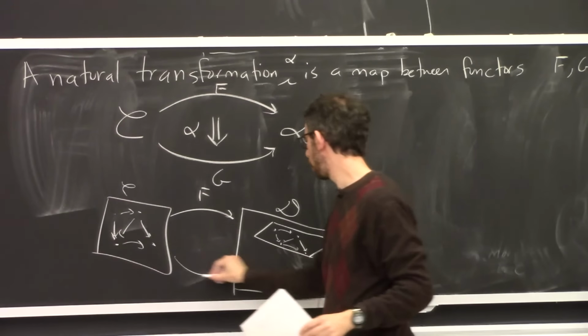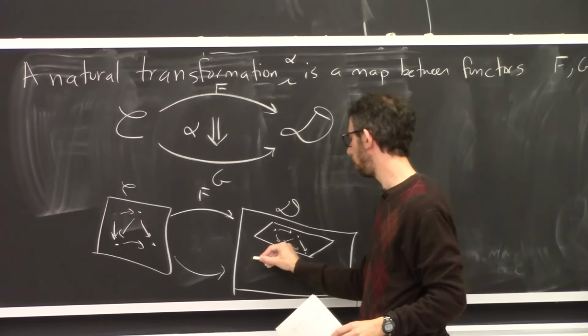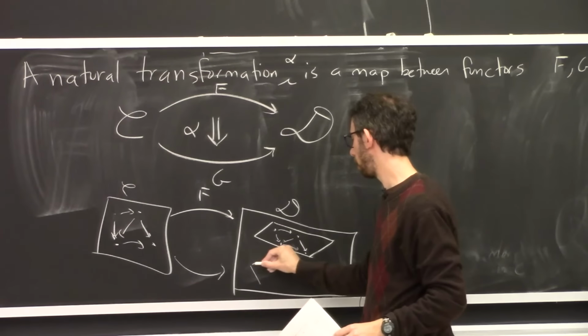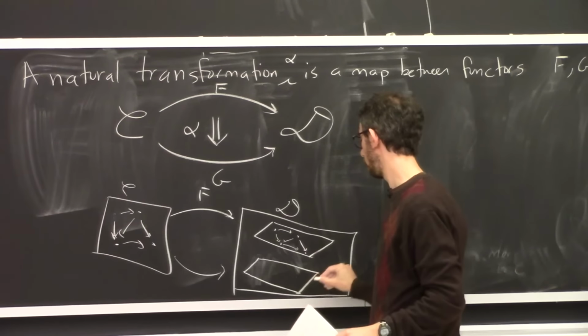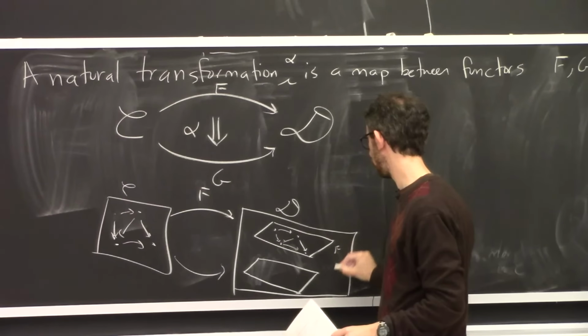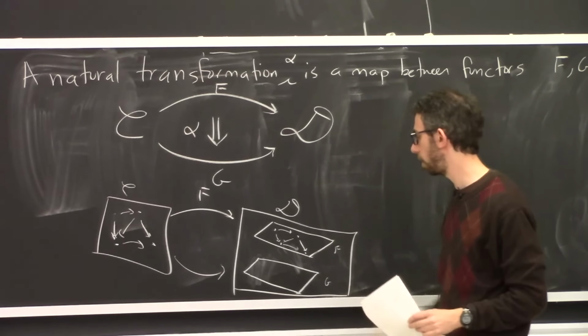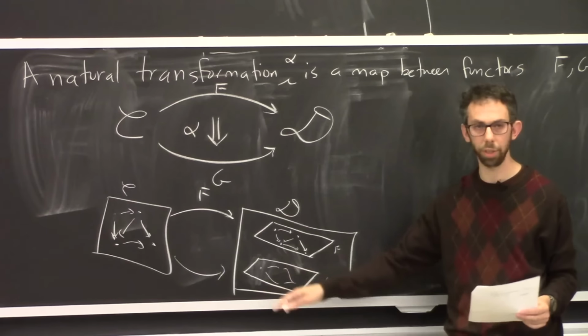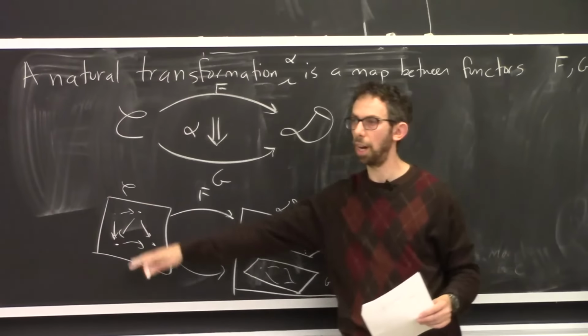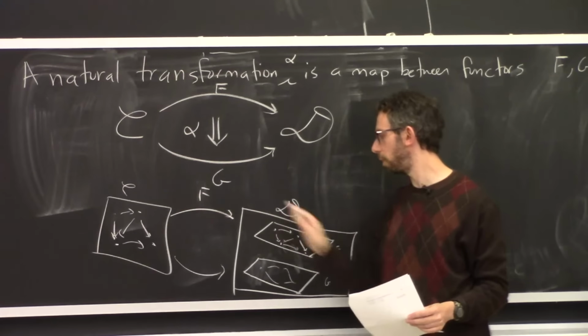And that's F. And G might send this same category to some other shape. Maybe I'll try to draw it in the same way. So here's F's version of C, and here's G's version of C. And they look kind of similar because they're both indexed by C. Objects went to objects in both cases. Morphisms went to morphisms.